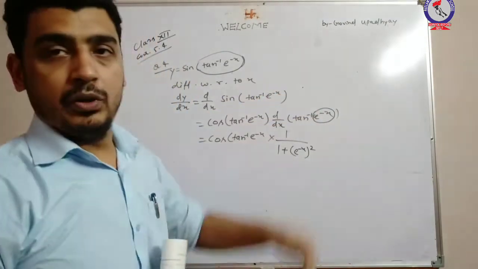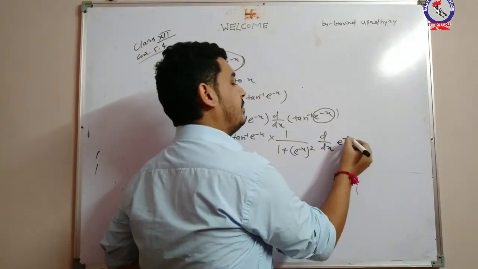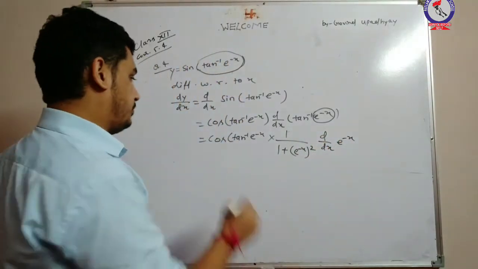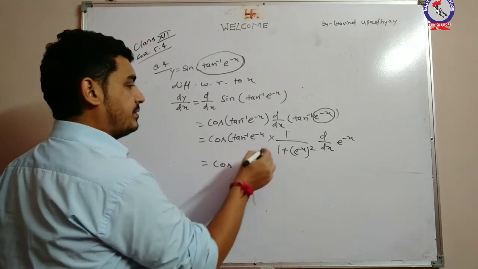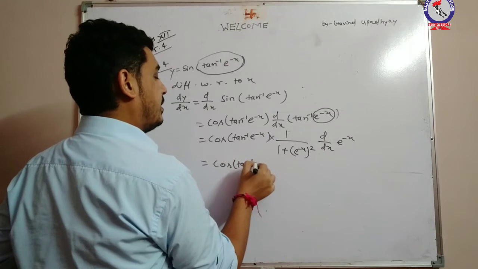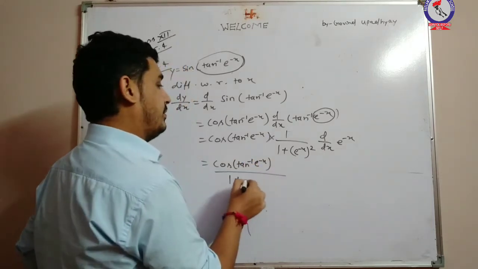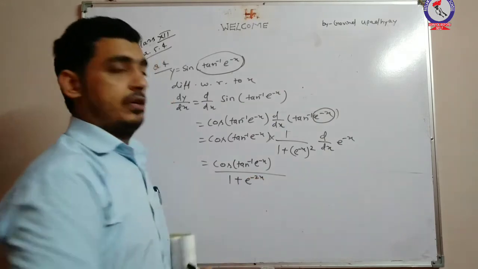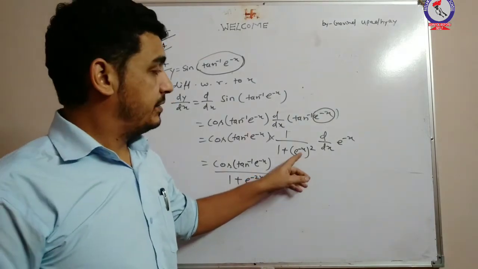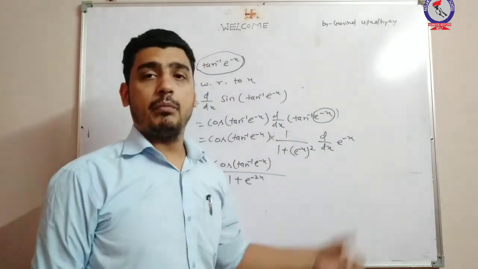Again we go to the e to the power minus x, d by dx of e to the power minus x. So cos theta is tan inverse e to the power minus x upon 1 plus e to the power minus 2x. You know that very well. This is e to the power minus x raised to the power 2. Then it will be minus 2x.